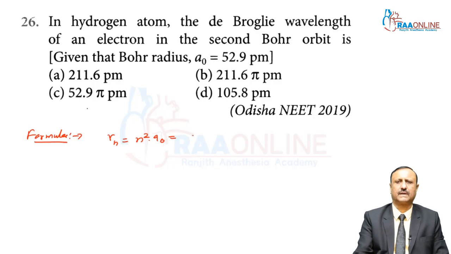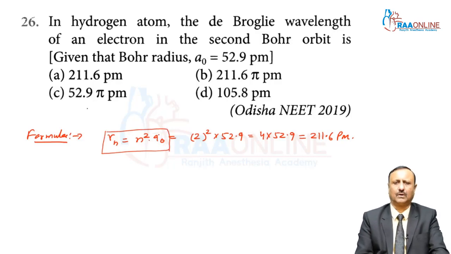So n square for the second Bohr orbit, put the values. A0 is given as 52.9 picometer. So you get 4 into 52.9, which is 211.6 picometer. Here you can see the formula Rn is equal to n square upon Z into A0, or R0.